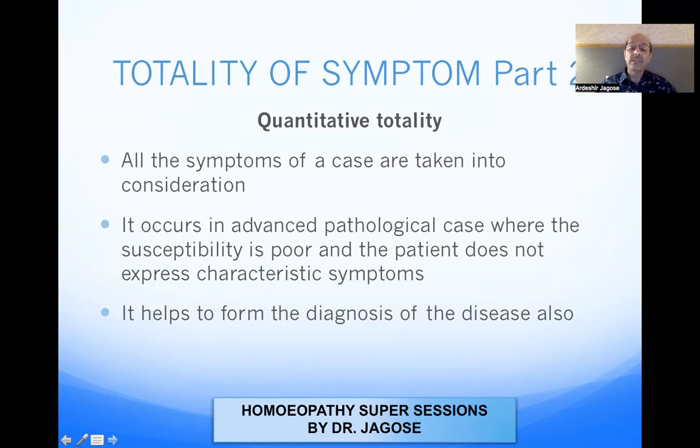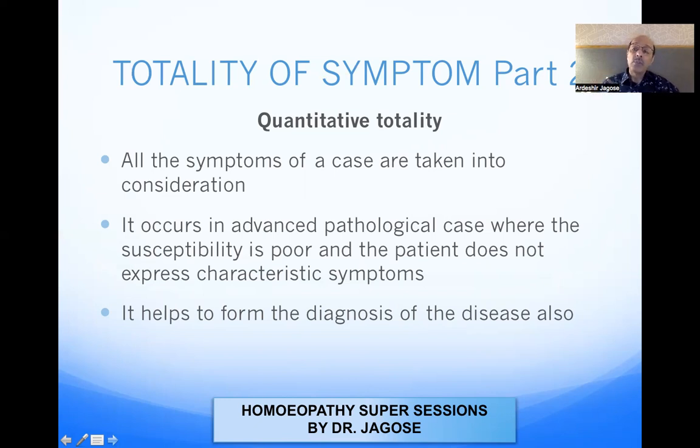By taking into consideration the common symptoms, naturally, we will be able to diagnose the case. So the quantitative totality basically deals with the case diagnosis. It has no importance in identifying the correct remedy, but in certain instances where you have no other choice, when the susceptibility has been suppressed, or it is hampered, or it is very enfeebled, then the patient will express only common symptoms.